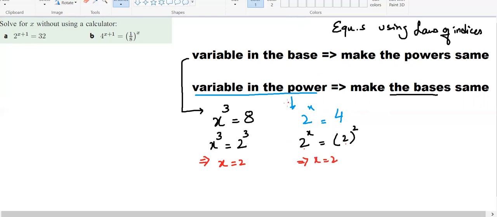So these are the two scenarios that you may get for indices as the top level difficulty, where your unknowns have to be found using the laws of indices. The first thing is: variable in the base, make the power same; variable in the power, make the bases same.